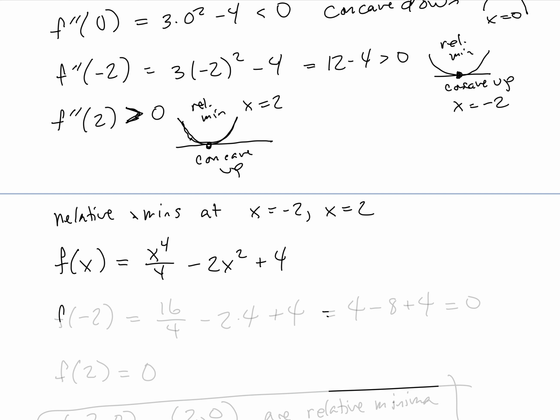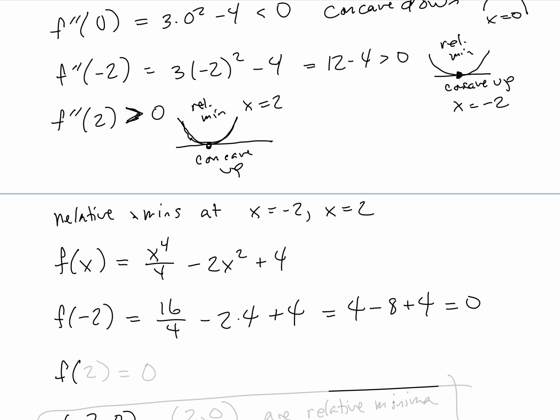So f of negative 2 is negative 2 to the 4th, positive 16 over 4, minus 2 times negative 2 squared, plus 4. So that's 4 minus 8 plus 4, which is 0. So negative 2 comma 0 is one of our relative mins.